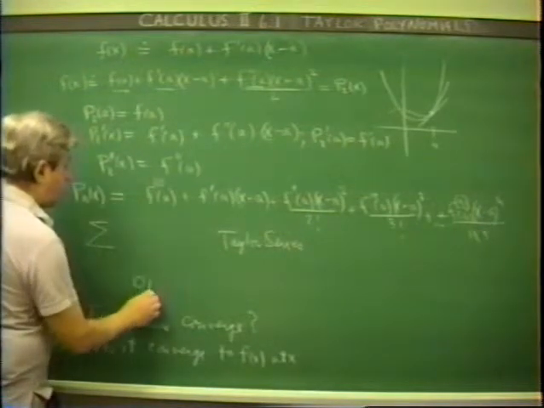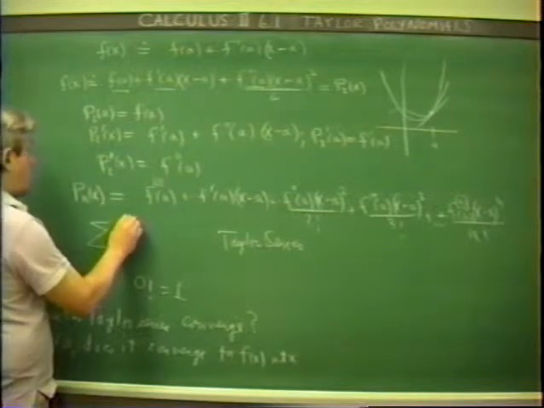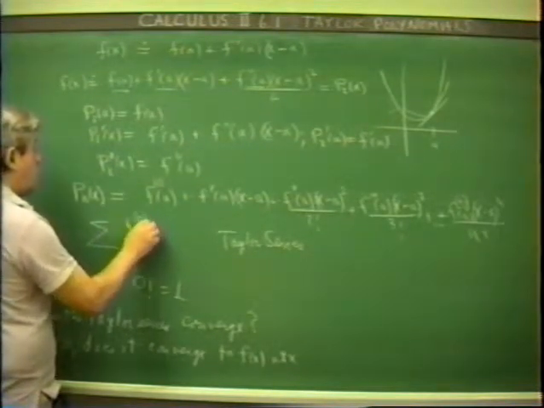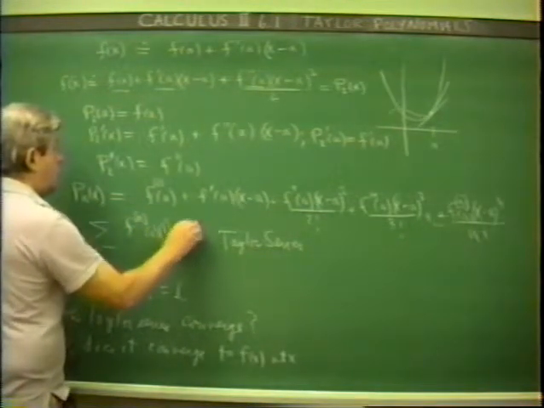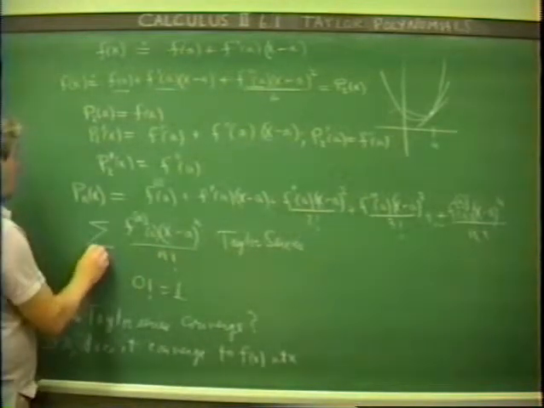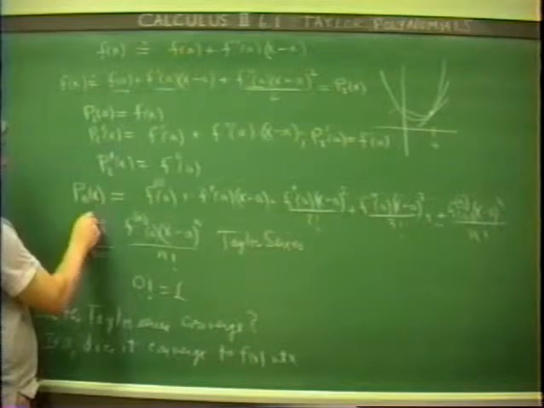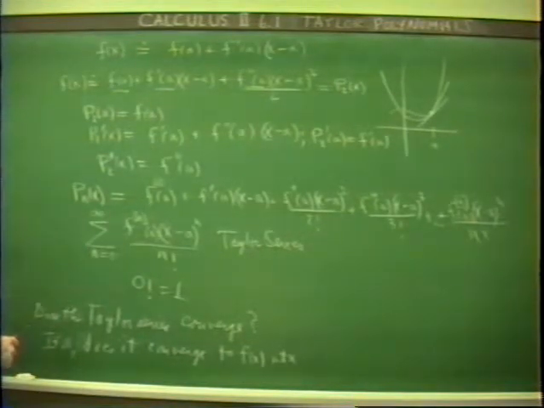We also agree that 0 factorial is equal to 1. And we can write this as the nth derivative of f at a, x minus a to the nth power over n factorial, and the sum starting at 0. If we just wanted the Taylor polynomial, we'd go up to capital N here. Otherwise, we'd go up to infinity if we want the Taylor series.